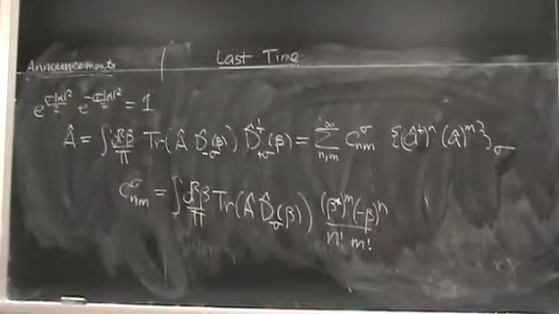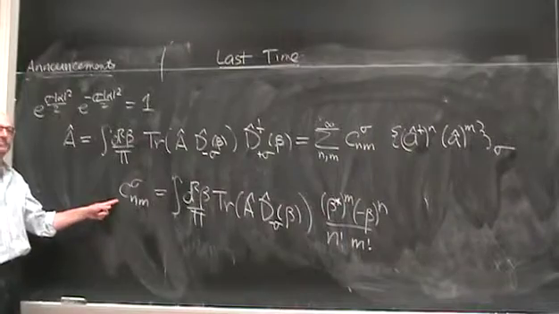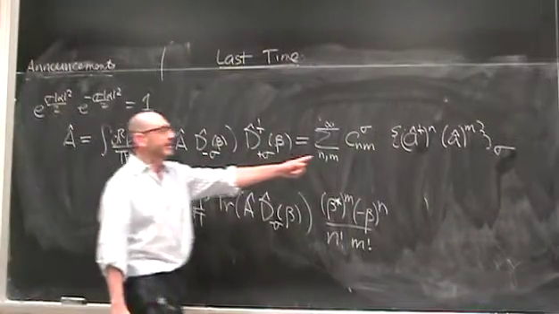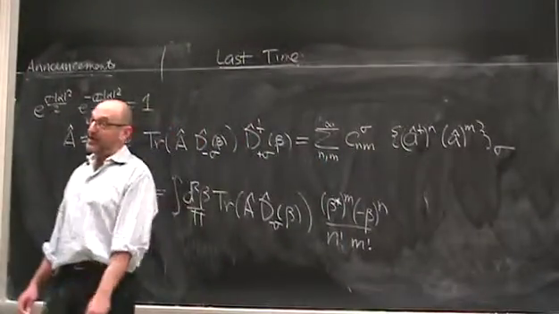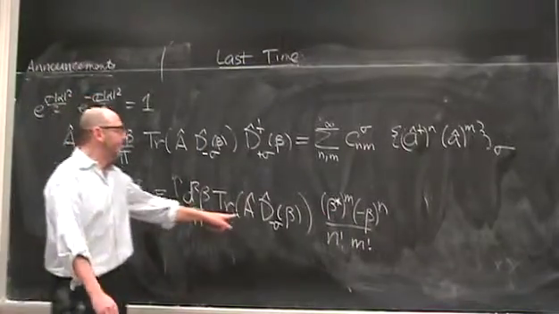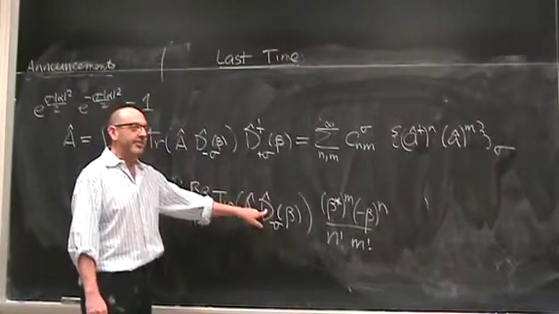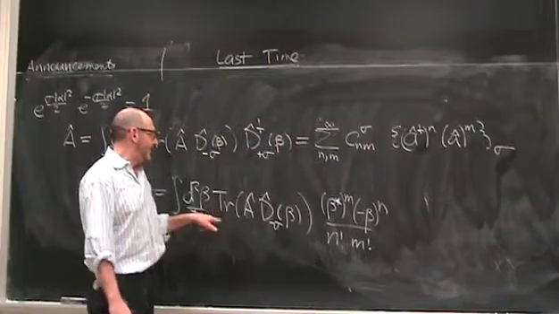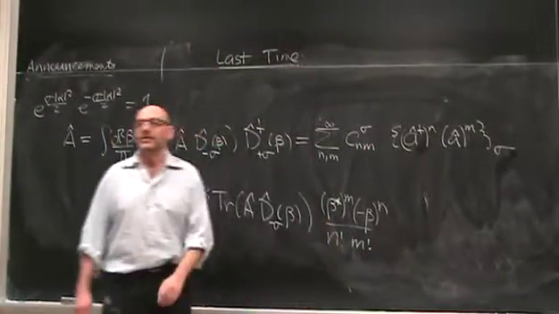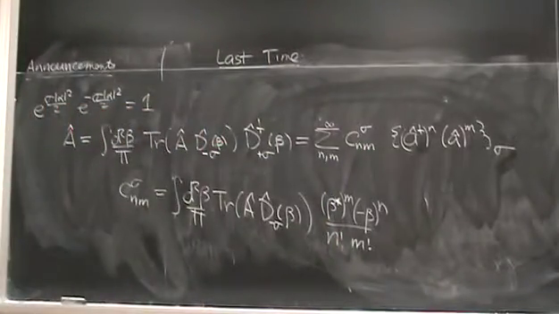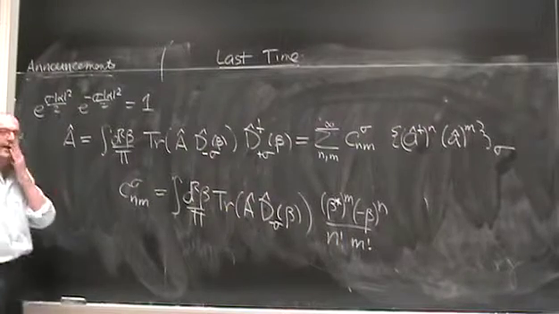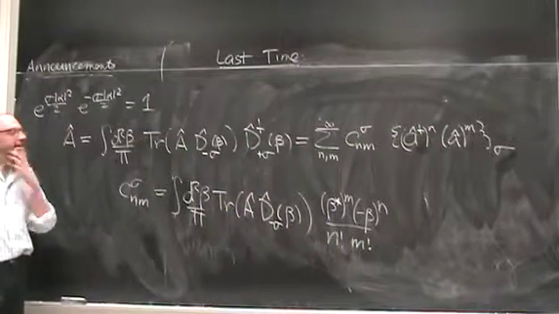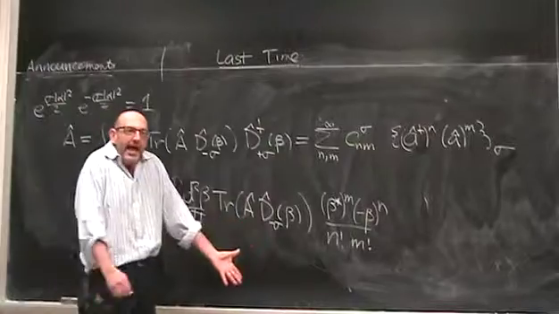So you give me an operator A, I can derive what the coefficients are in the power series with that ordering. How do I do it? Well, I take the operator, I take its trace with this guy, and then I look at these moments of it. And that, in principle, are the C_nm. Now, we're never going to actually do this, but we have them.